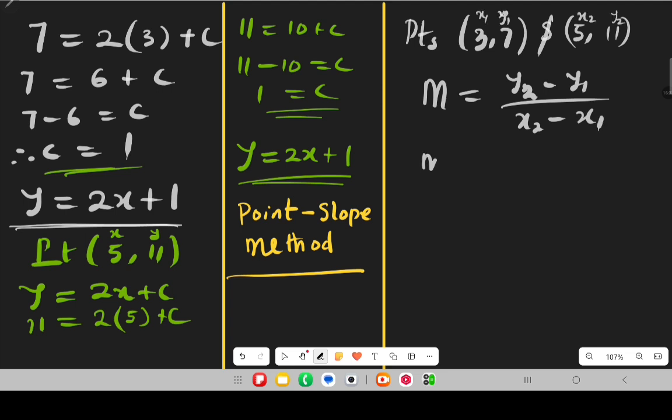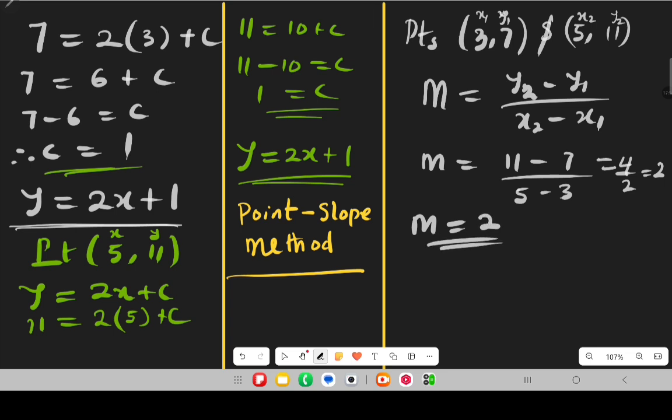In place of y2, we put 11, minus y1 which is 7, all over x2, which is 5, minus 3. 11 minus 7 gives us 4, all over 5 minus 3 gives us 2. 4 divided by 2 gives us 2. So the gradient m is equal to 2.